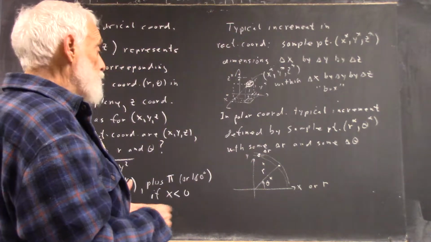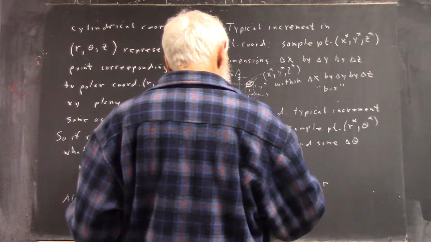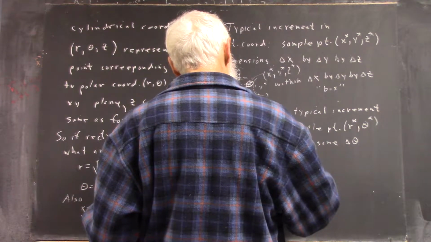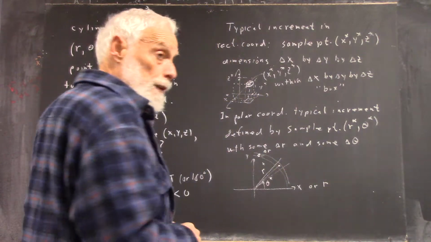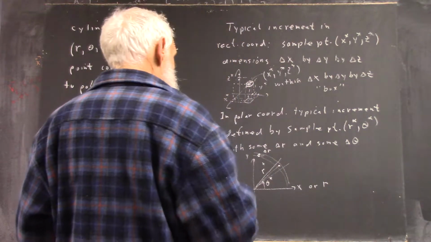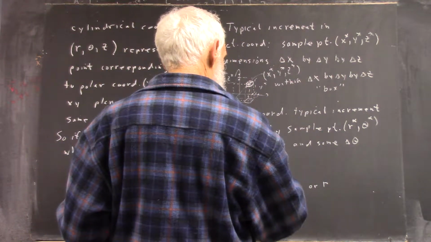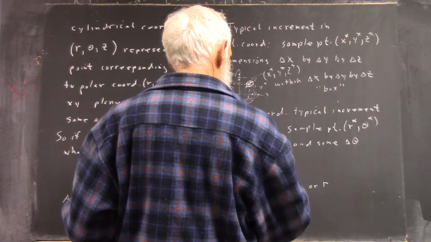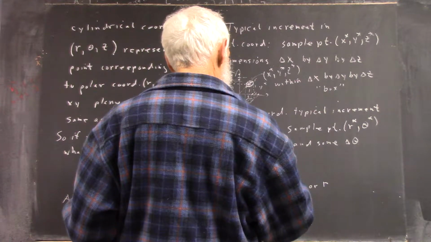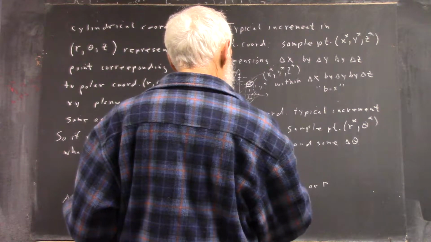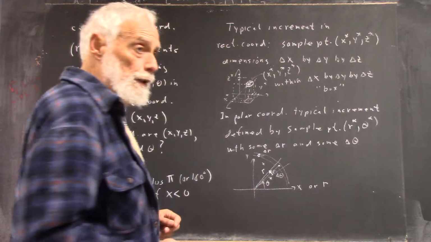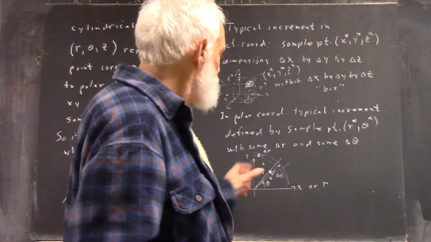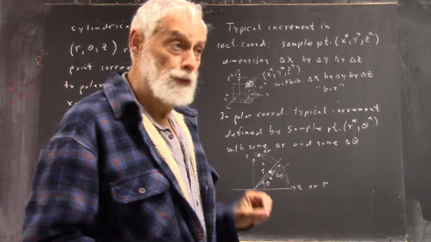And what's delta theta do? Well, delta theta gives you some theta increment. So here's your delta theta. I have to label it out here because it makes the figure all that big, but here's your delta theta, right?